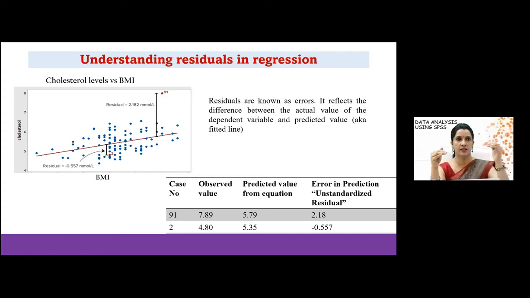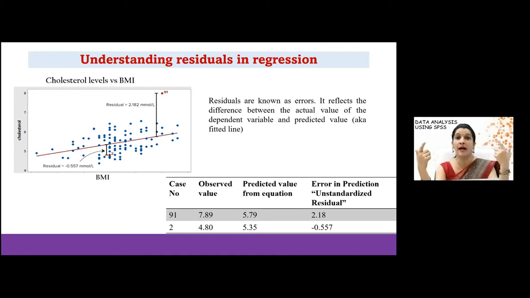Because this regression draws a line, which is the most fitted line based on the predicted value. So there will be two things. Based on some equation, you will predict that the value of cholesterol will be this much with the corresponding value of BMI. That will be the predicted value.